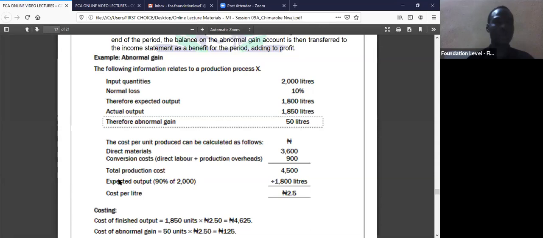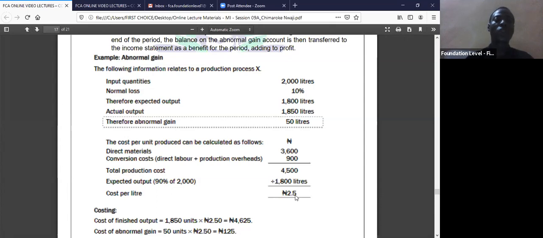So we found out that the abnormal gain is 50 liters here. So what did we do? Once again, we treated it with our expected outputs. So what we did was 2.5 is used for everything.